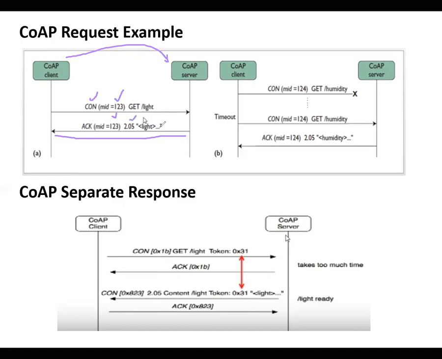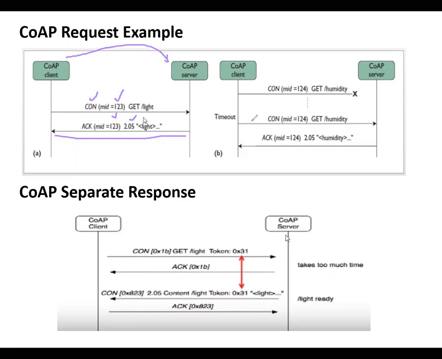This is the light intensity, and it sends the light data. I don't know if it is intensity or what, but it sent this value against the request from the client.